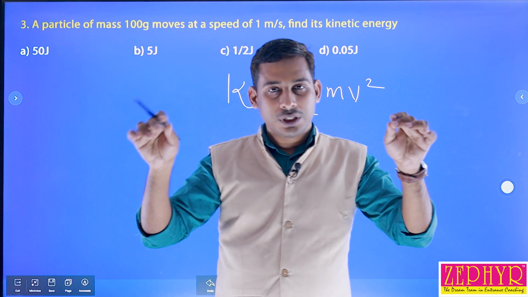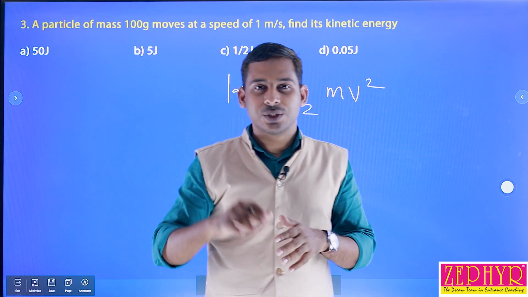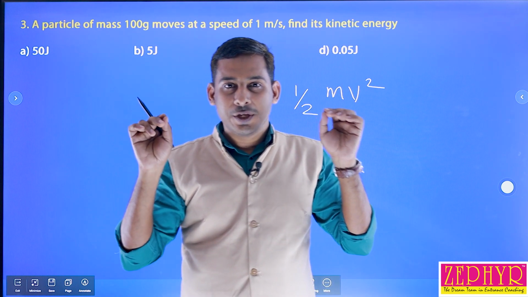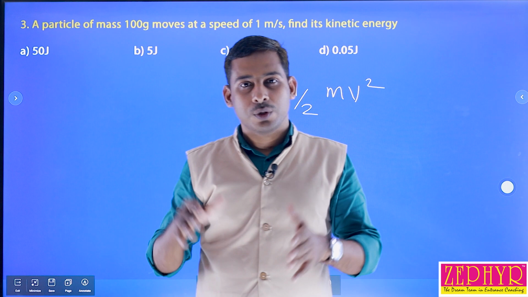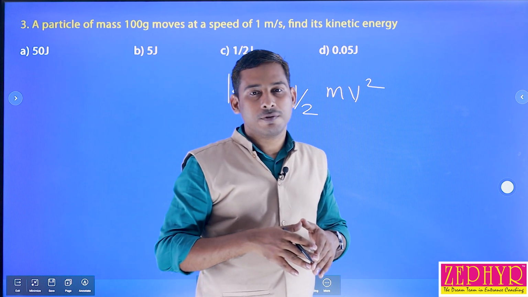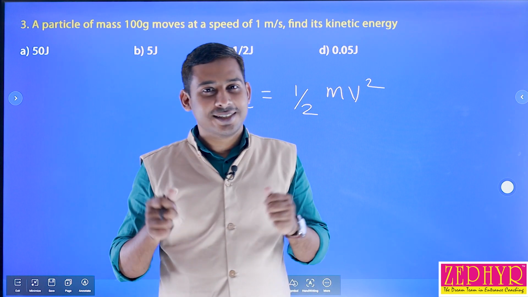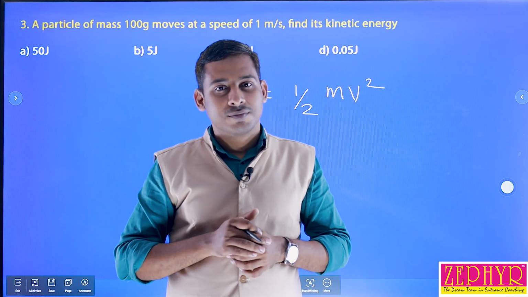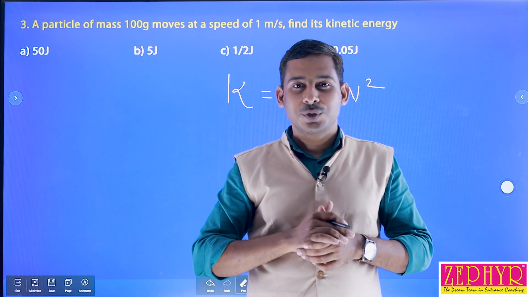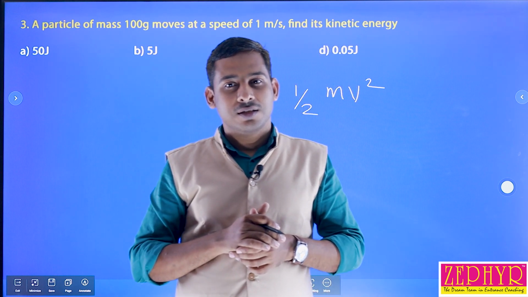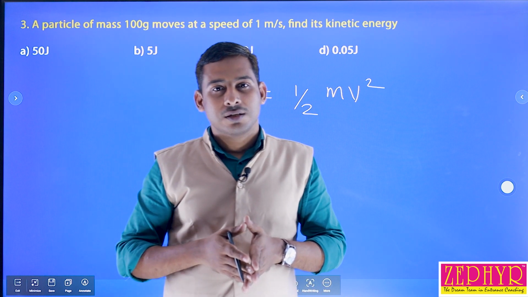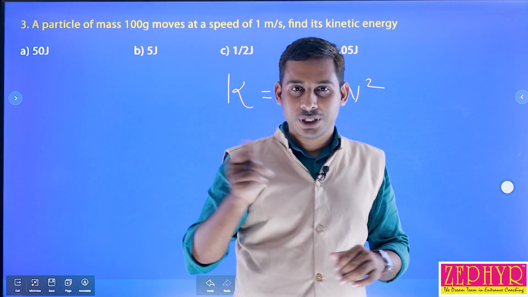One of the important classifications is mechanical energy. Mechanical energy is divided mainly into two sub classifications: one is kinetic energy and the other is potential energy. Already many of the students know very well about the concept of kinetic and potential.